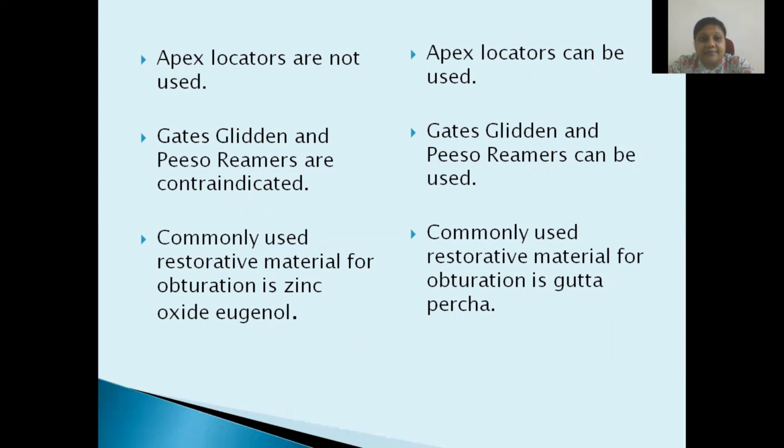Gates Glidden drills and reamers are contraindicated for primary teeth, while they can be used for permanent teeth. The commonly used material for obturation in a primary tooth is zinc oxide eugenol. The commonly used material for obturation in a permanent tooth is gutta percha.